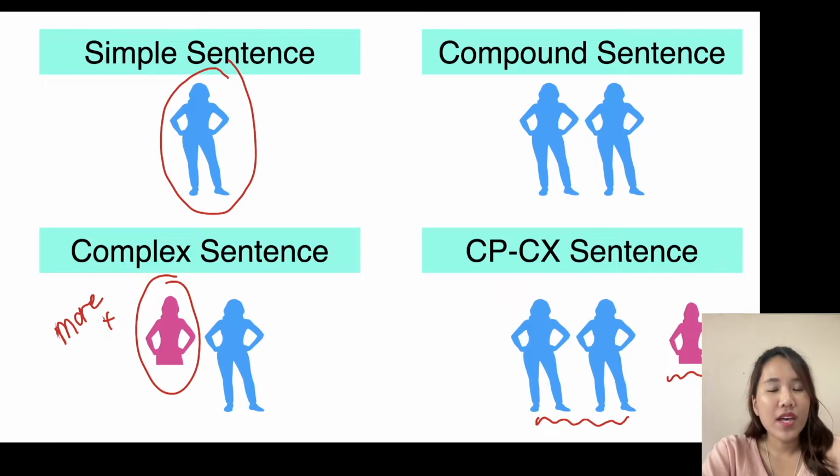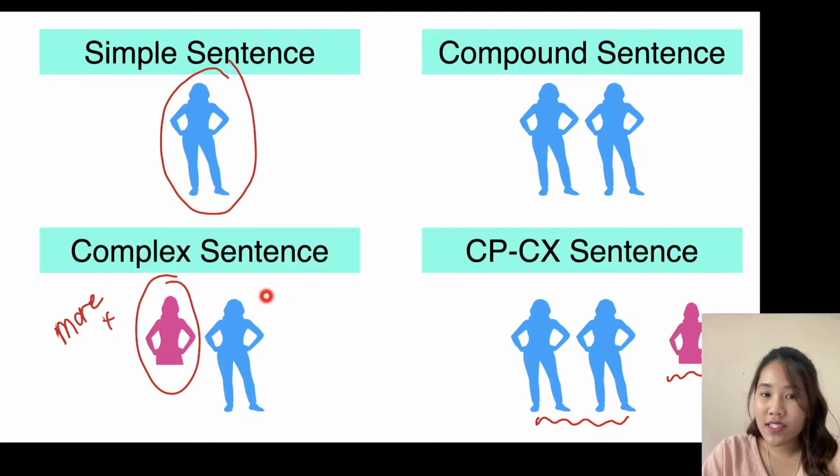So be careful. The number of clauses in that sentence will tell you the type of sentence. One independent clause only, simple sentence. Two independent, compound. It can be more than two, but if they are all independent, it is a compound sentence.